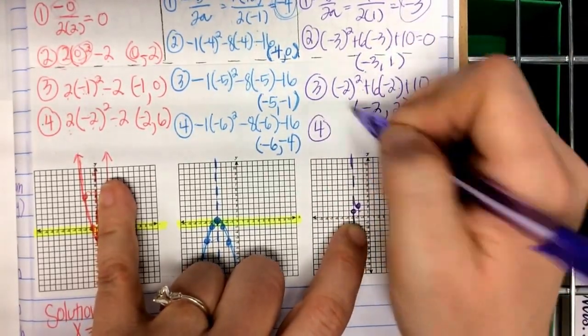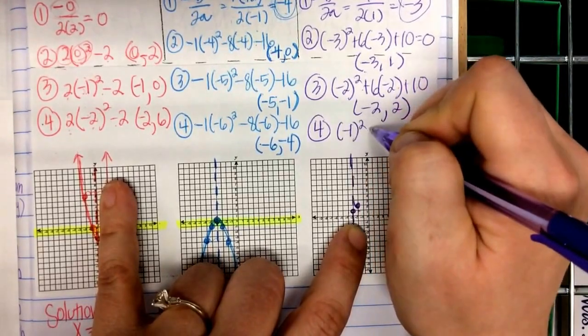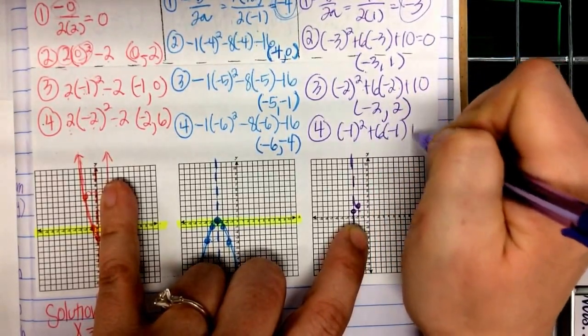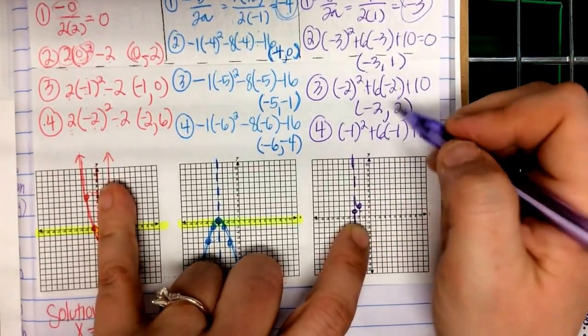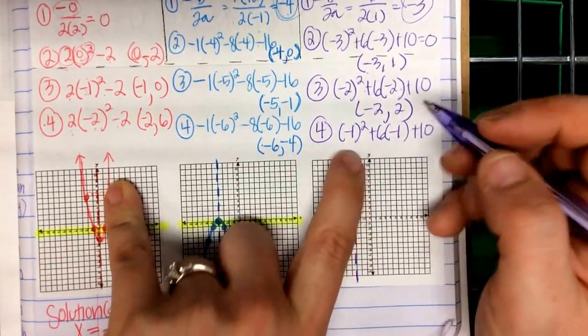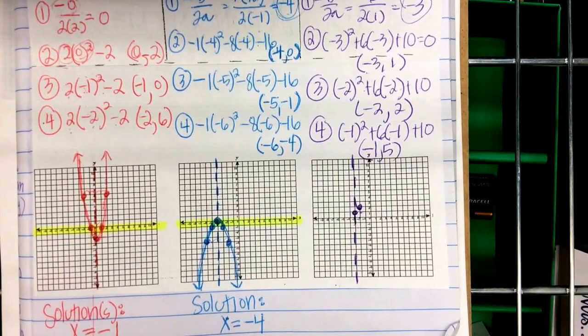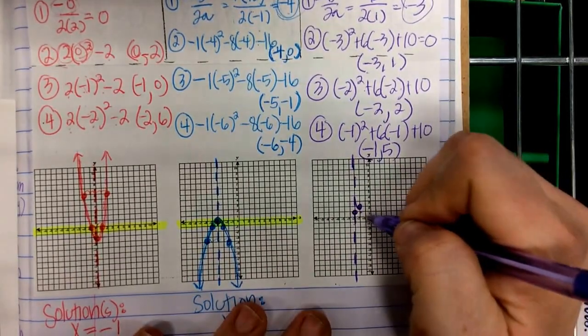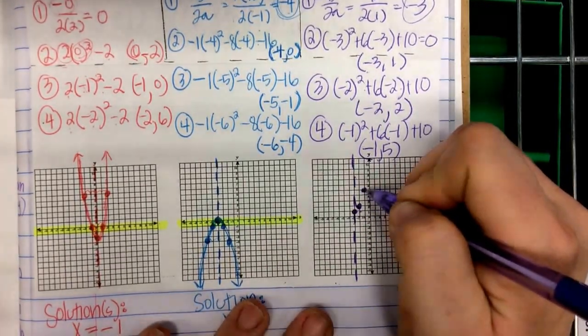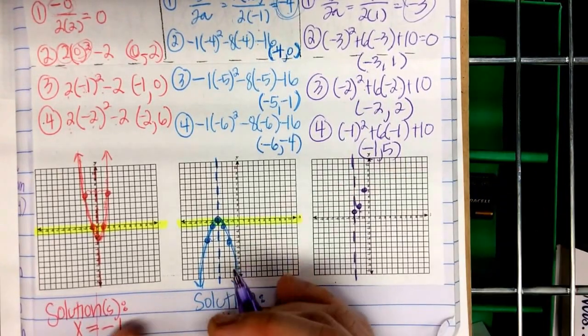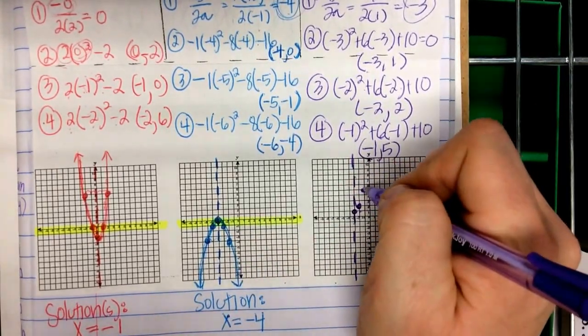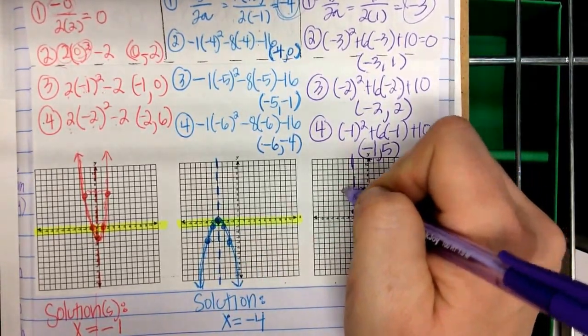And for the next, I'll pick negative 1. One minus 6 plus 10, negative 1 comma 5. Once I've substituted and found my ordered pairs, I reflect and connect.